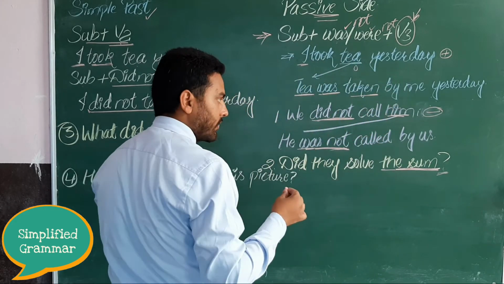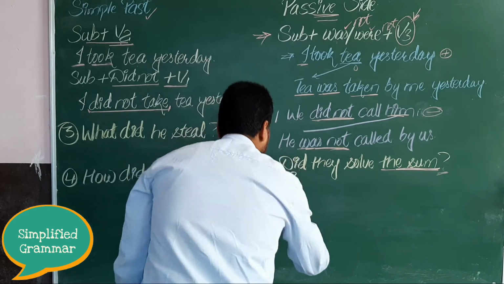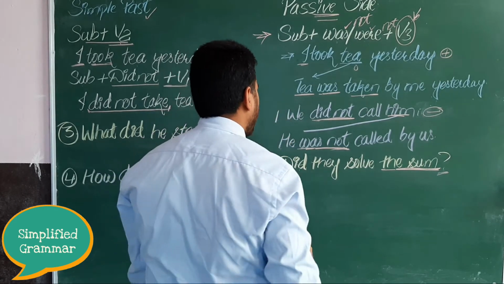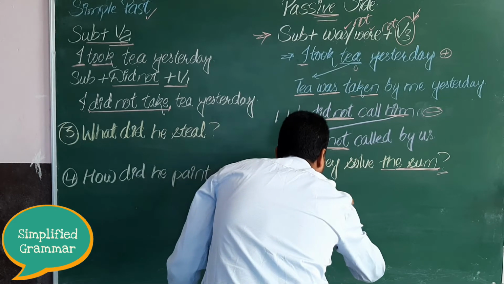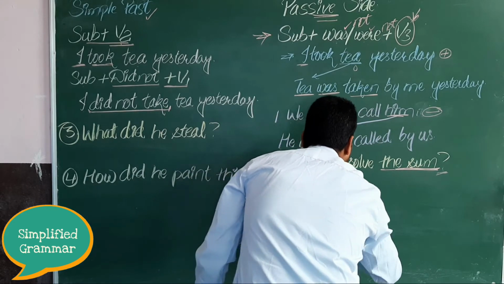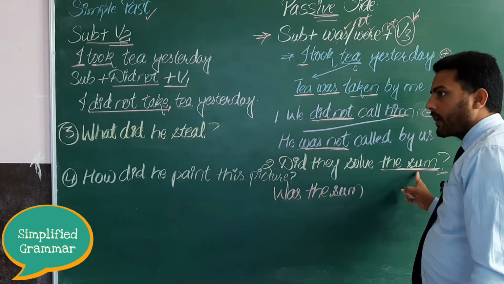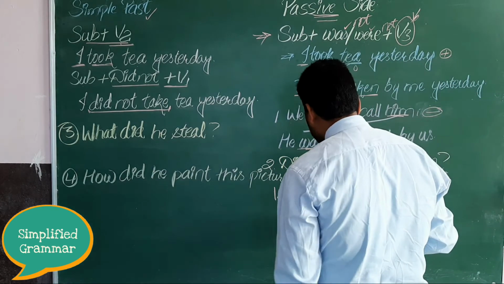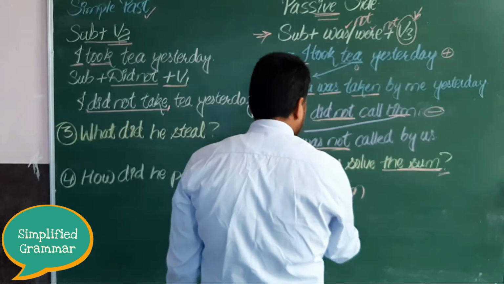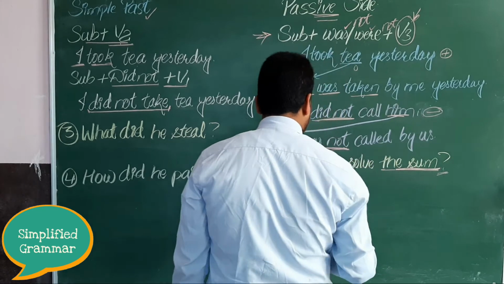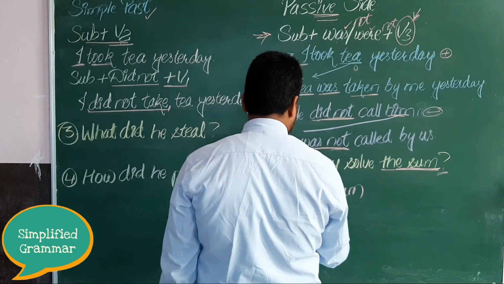So this did will be, as your object is this, the sum. The sum is in the singular form, so you will use was the sum, because sum is your singular form, and it will be considered as singular. There is not a problem of consideration.